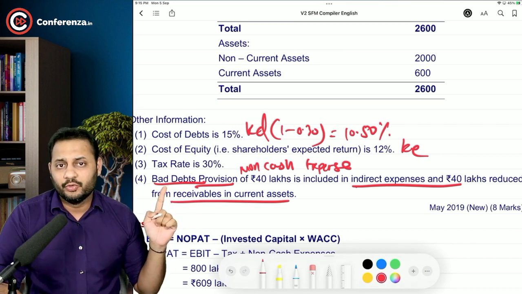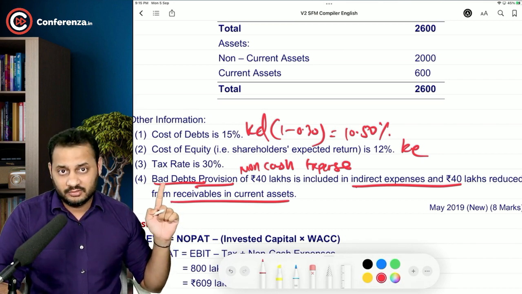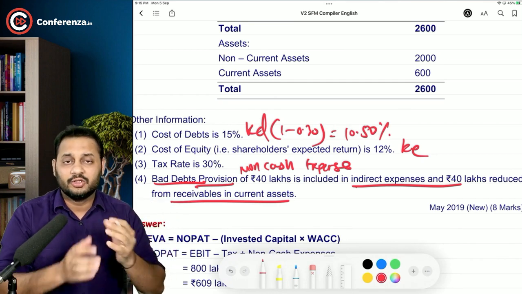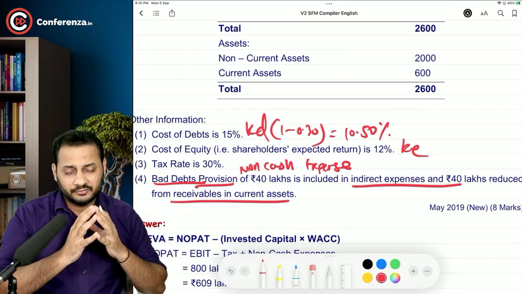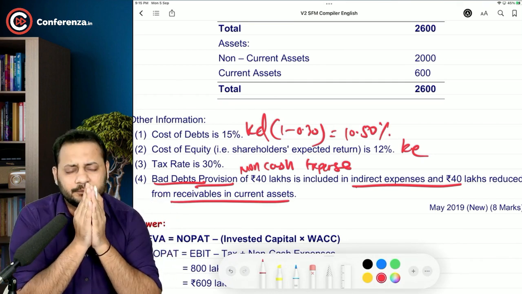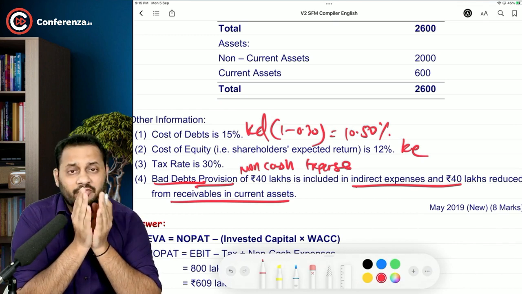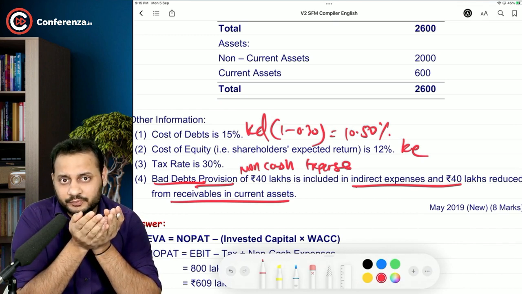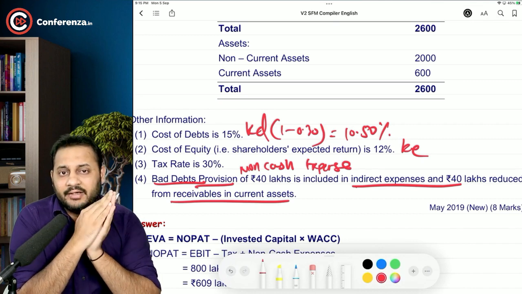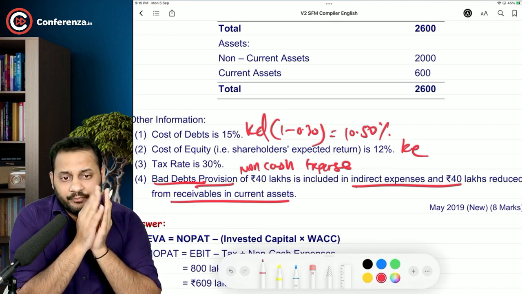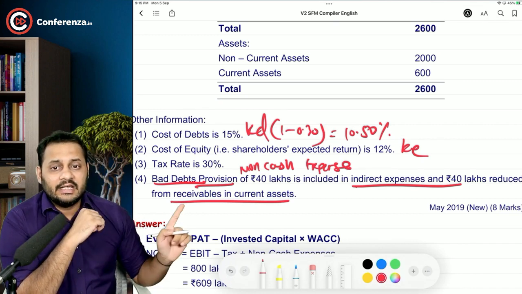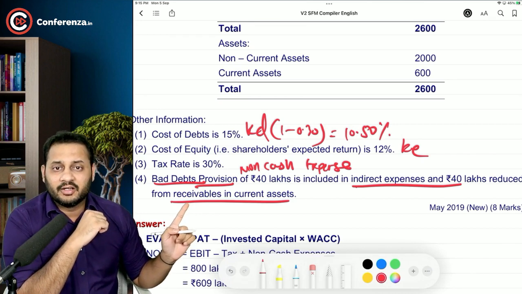So what should we do? We will add back this amount to the profits to make sure the profit is presented at a correct value. 40 lakhs will be added. Apart from that, the same amount has been reduced from the current assets.